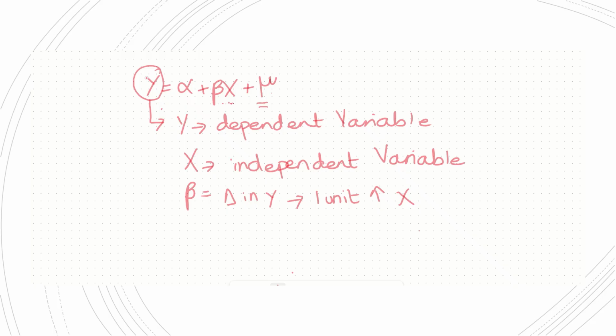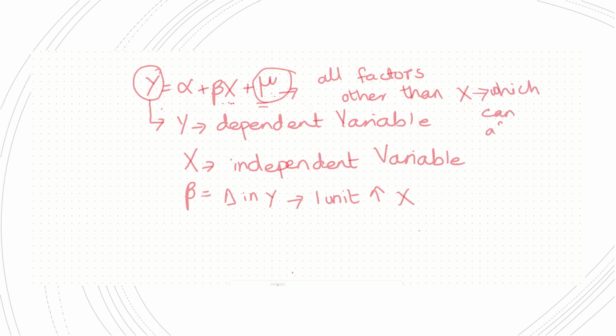So the error term contains all the factors other than x, all factors other than your independent variable which you have taken in your equation, which can affect your y, your dependent variable.